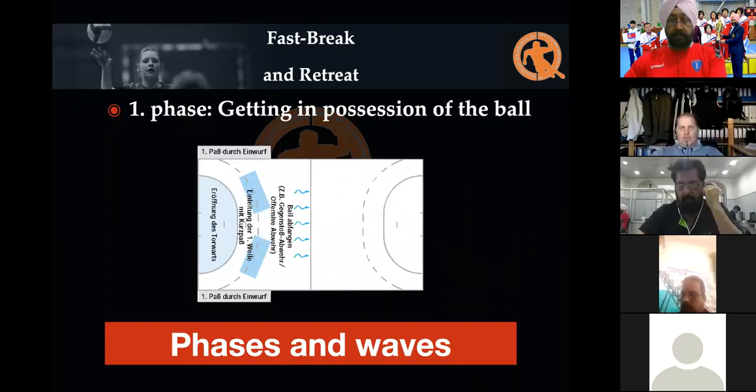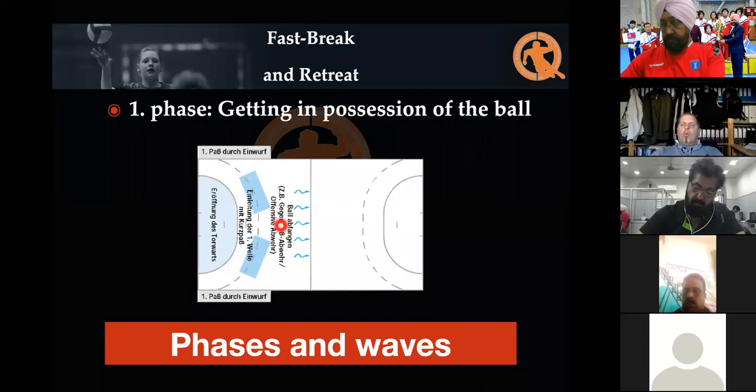And the last one, you see those arrows in that area between 9-meter line and center line. This is winning back the ball in a way of very active and offensive defending, or winning back the ball in a retreat moment, and from here, after winning back the ball, immediately restart the fast break, or start the fast break in the other direction.